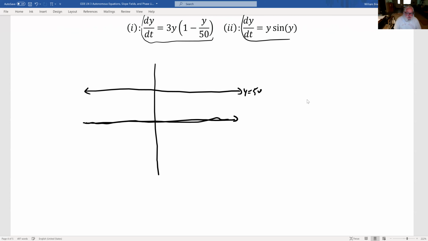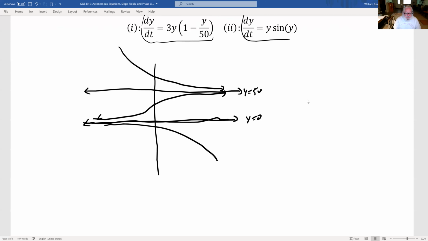That was the other equilibrium. And everything up here was coming down. Everything in here is going up like this. And everything here is going down. So up here we have y prime less than 0, in between the equilibria y prime is greater than 0, and outside of the equilibria y prime is less than 0.